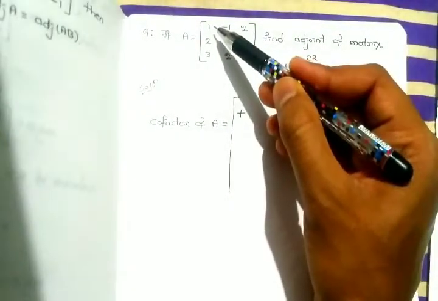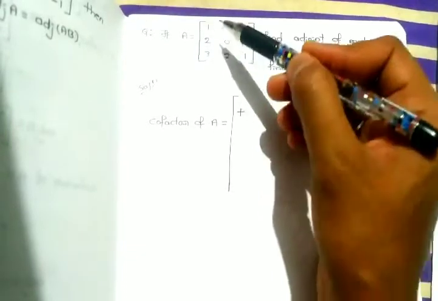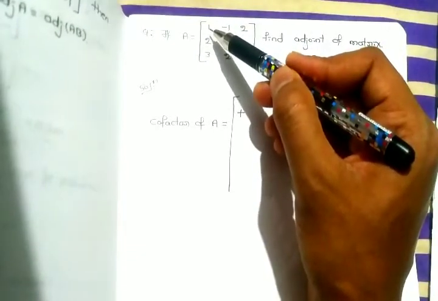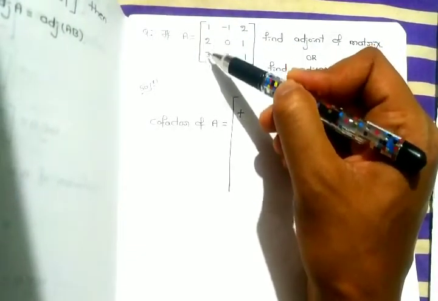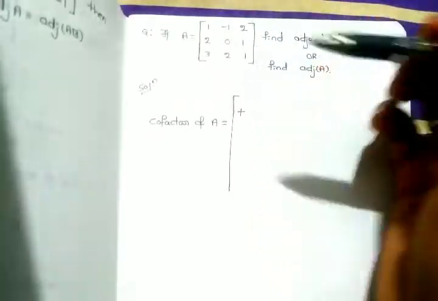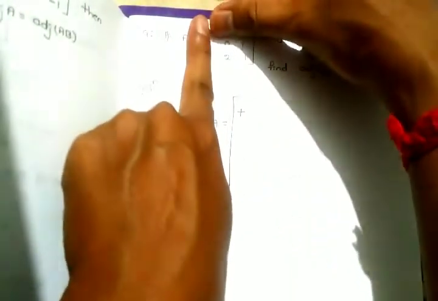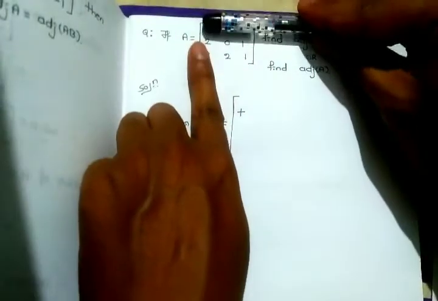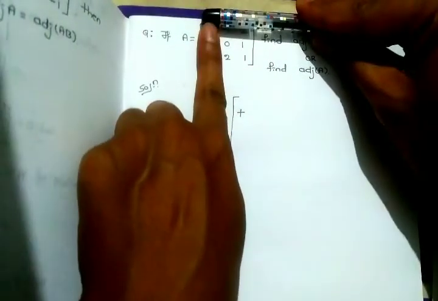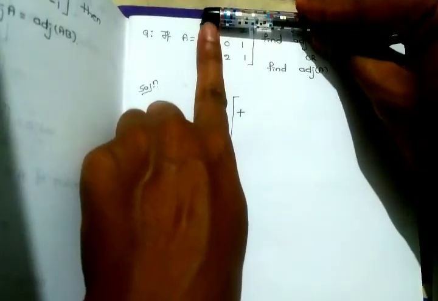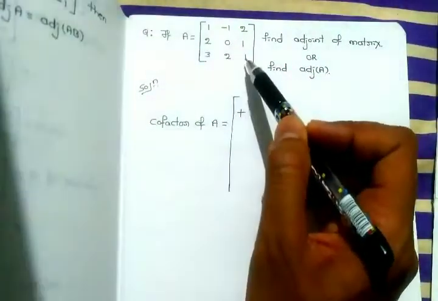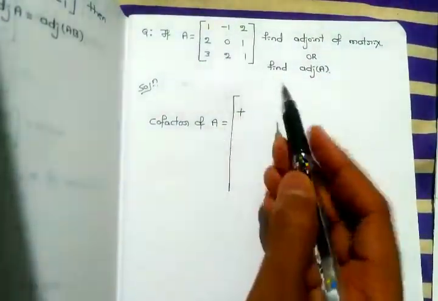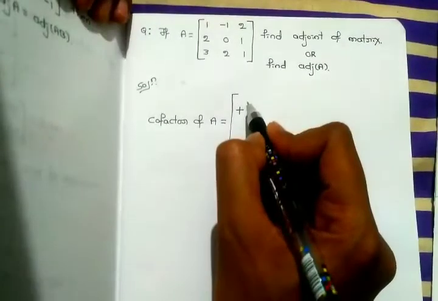So next we need to take the first element. Same rule: whenever you are taking the first element, delete that particular column and that particular row. If I delete these two, what is the remaining element? 0 1 2 1, correct? This value you need to write in second order.